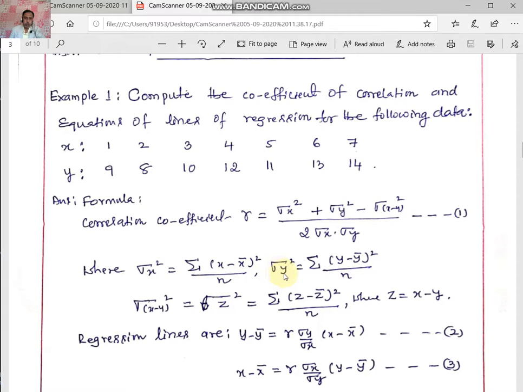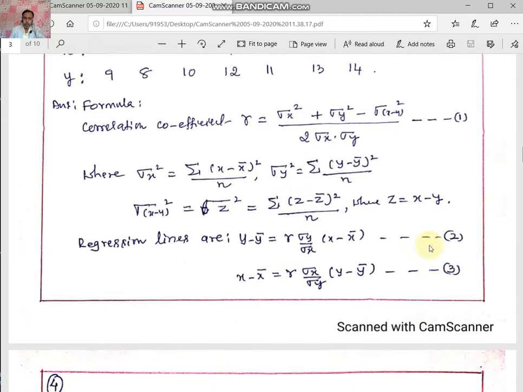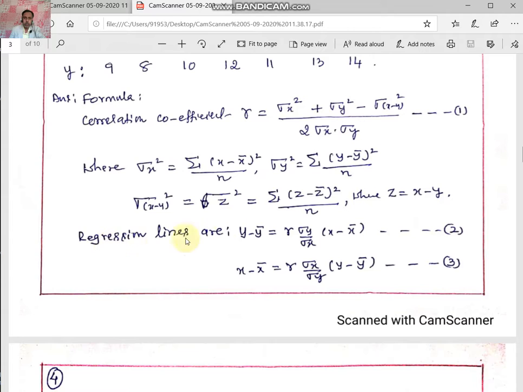Sigma y square is the variance of y values, equal to sum of y minus y bar whole square by n, and sigma of x minus y whole square is the variance of the difference values x minus y. Take x minus y equal to z. So sigma z square is equal to sum of z minus z bar whole square by n, where z is equal to x minus y. Now this is the correlation coefficient.